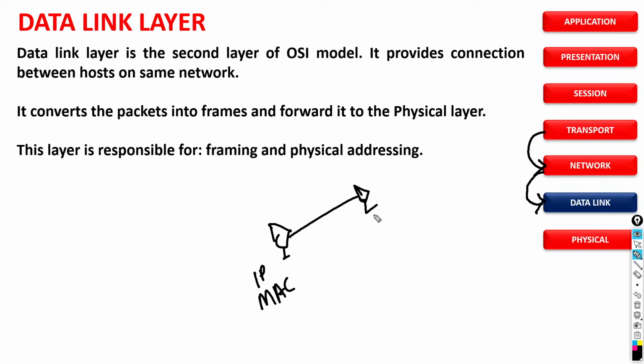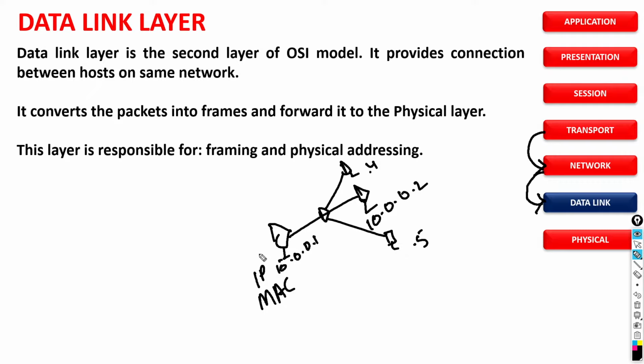This PC's IP address is 10.0.0.1 and the other is 10.0.0.2. I am sending data for the first time to 10.0.0.2, but I don't know who is 10.0.0.2 in this entire network. There might be other devices in the same network, for example this is a switch, and there is 10.0.0.4 and 10.0.0.5, but I don't know which device is assigned the IP address 10.0.0.2.